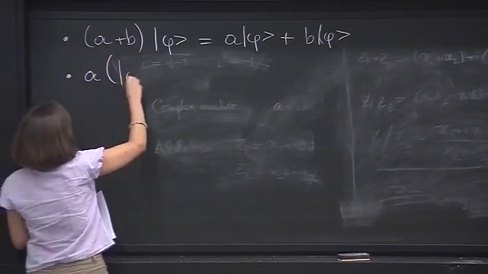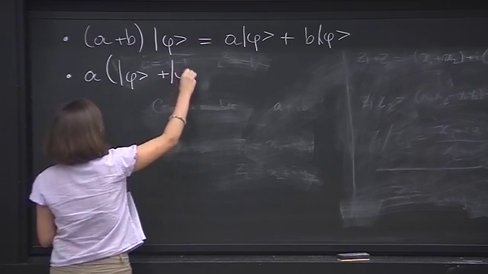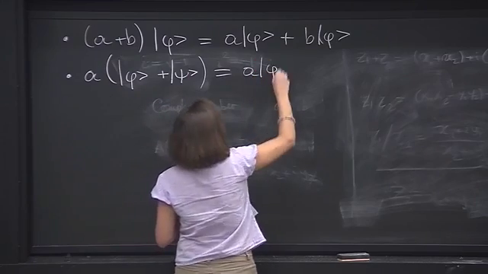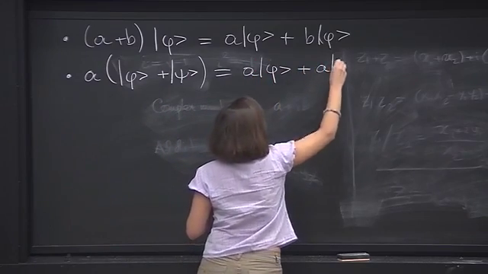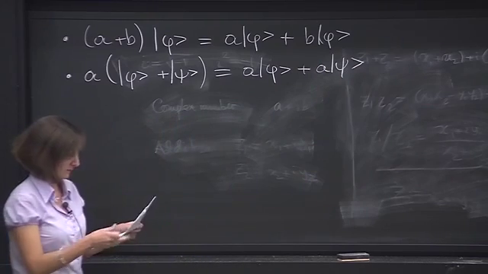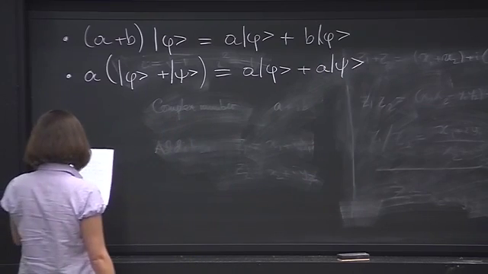And A times phi plus psi should be equal to A phi plus A psi. What am I forgetting?